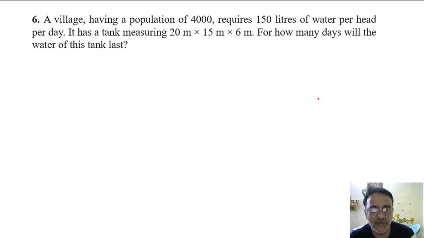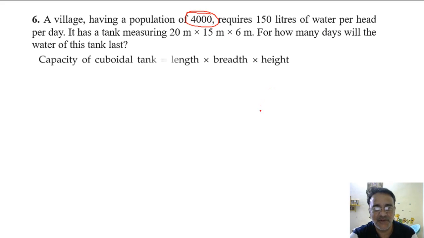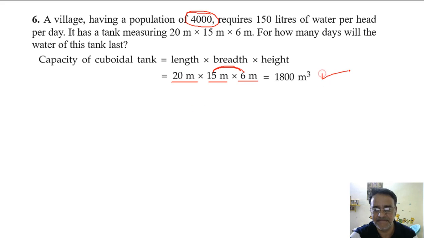So now what is our aim? We need to find the volume of water required for one day for 4,000 people. So let us start. Capacity of the cuboidal tank is length into breadth into height. That is 20 meter into 15 meter into 6 meter. 15 into 6 is 90, 90 into 20 is 1800, right? So this is the capacity of the cuboidal tank.